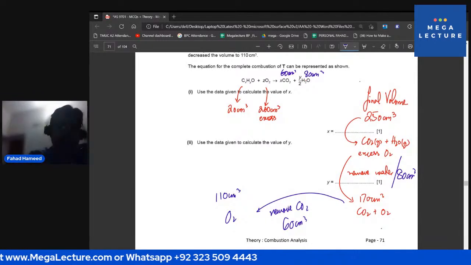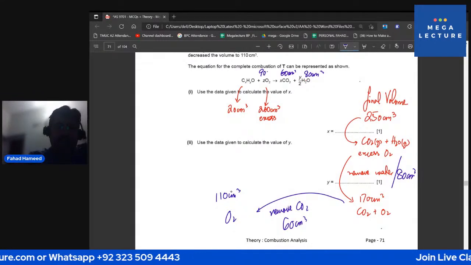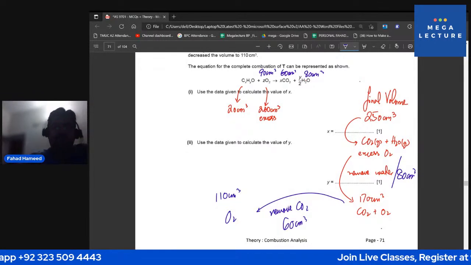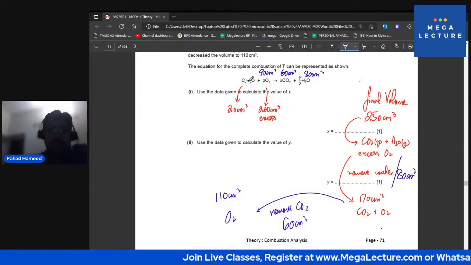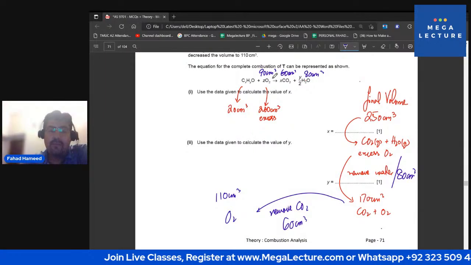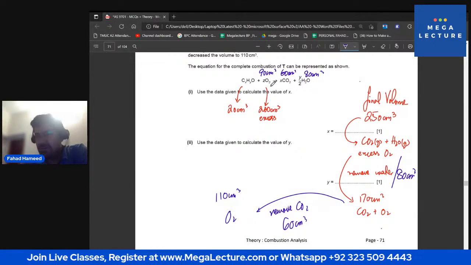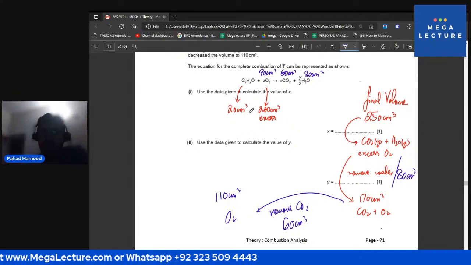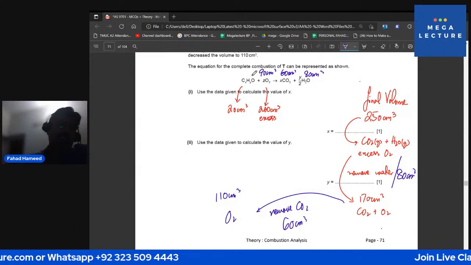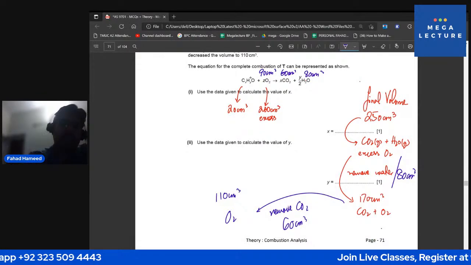So that means 90 cm cube actually took part in the reaction. Is this clear to everyone? You started off with 200 cm cube, 110 is still left at the end, so only 90 is reacting, and the alcohol is 20 cm cube.